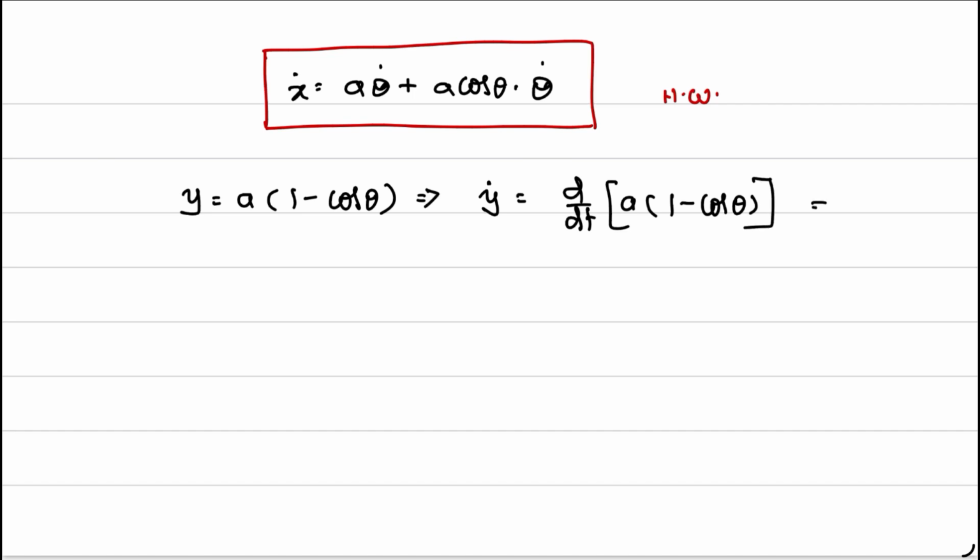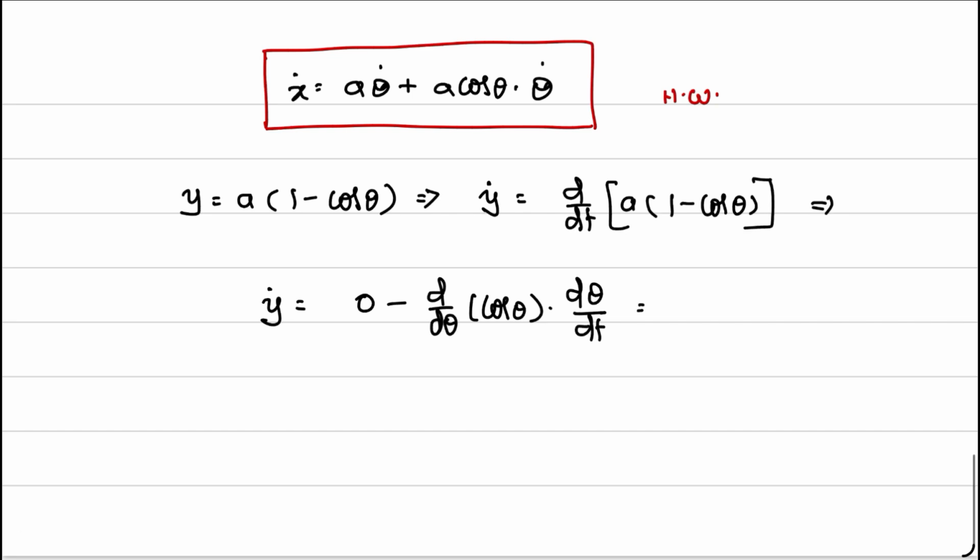That implies y dot is equal to d/dt of a, a is a constant, so that is 0, minus d/d theta of cos theta into d theta/dt.